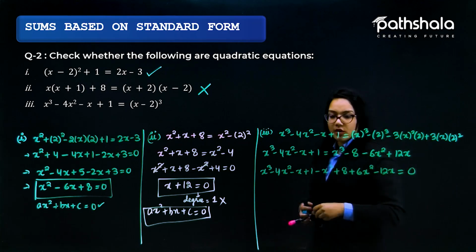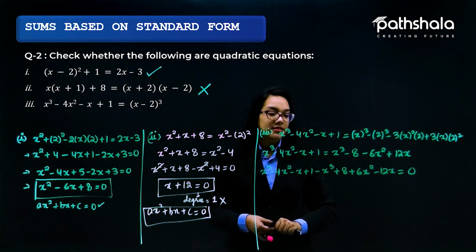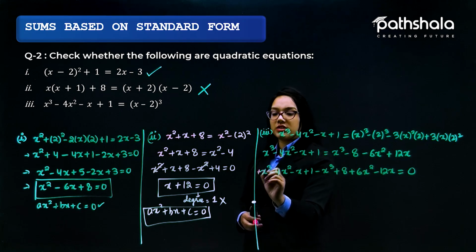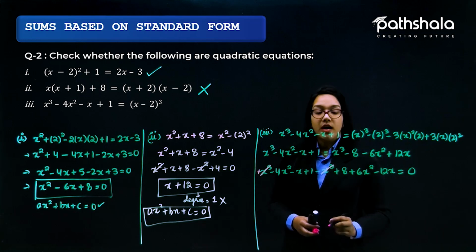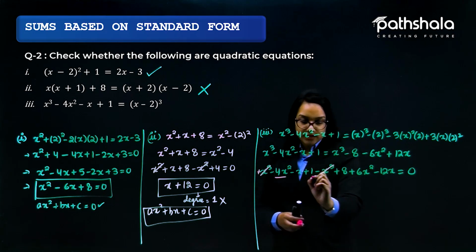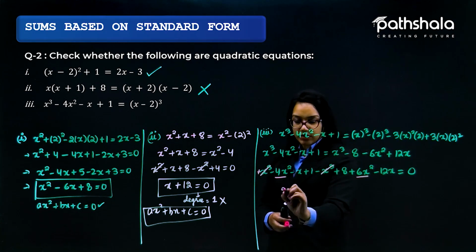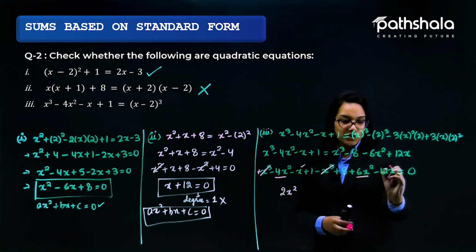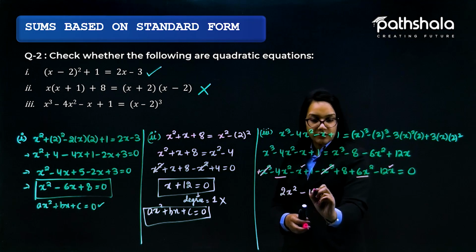Now let's cancel all the values that are cancelling with each other. Obviously x cube and x cube cancel, because this is plus x cube, this is minus x cube. Again we have minus 4x square plus 6x square, so this is 2x square. We have minus x, we have minus 12x, this is minus 13x.